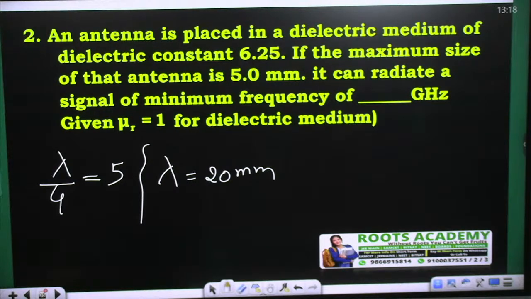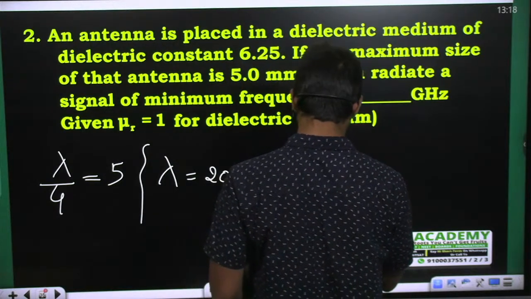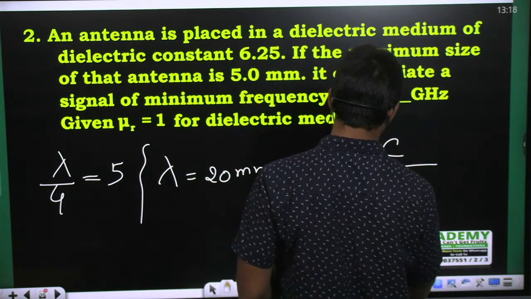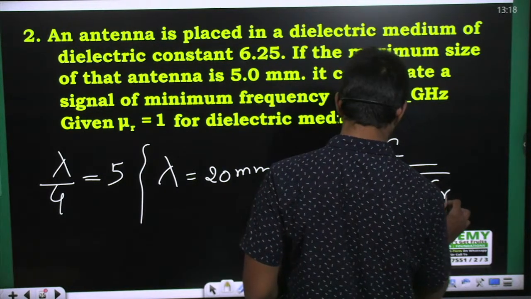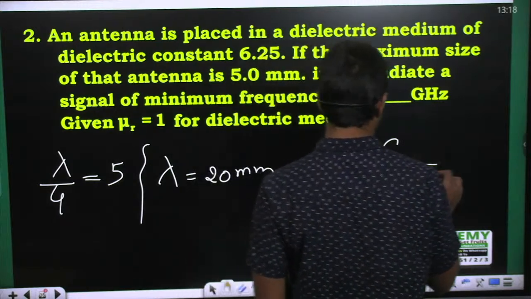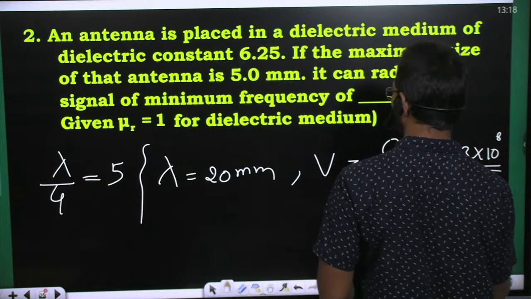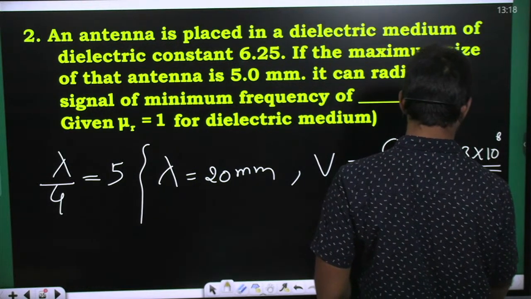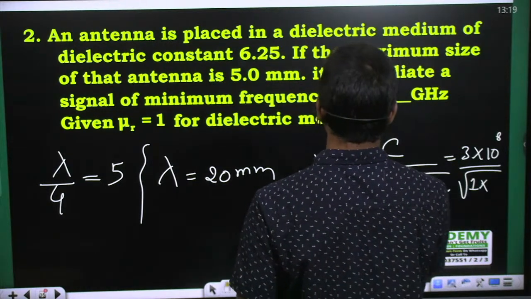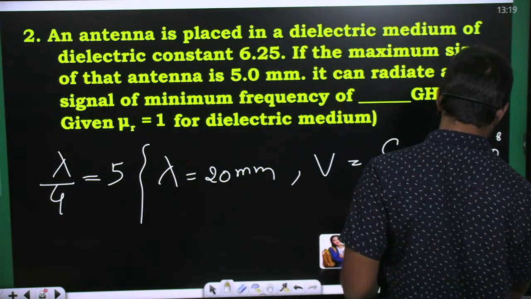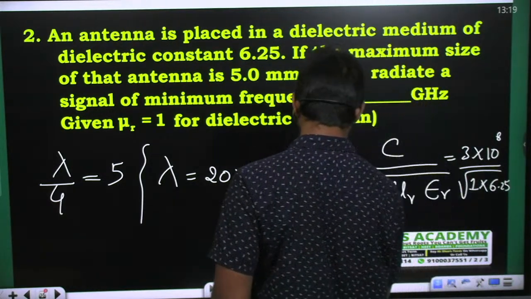So first we need to calculate the velocity, which is equal to c by under root mu r epsilon r, where c is the velocity of light, 3 into 10 power 8, by mu r, which is 1, into epsilon r, the dielectric constant, nothing but 6.25. If we simplify this, we get V.